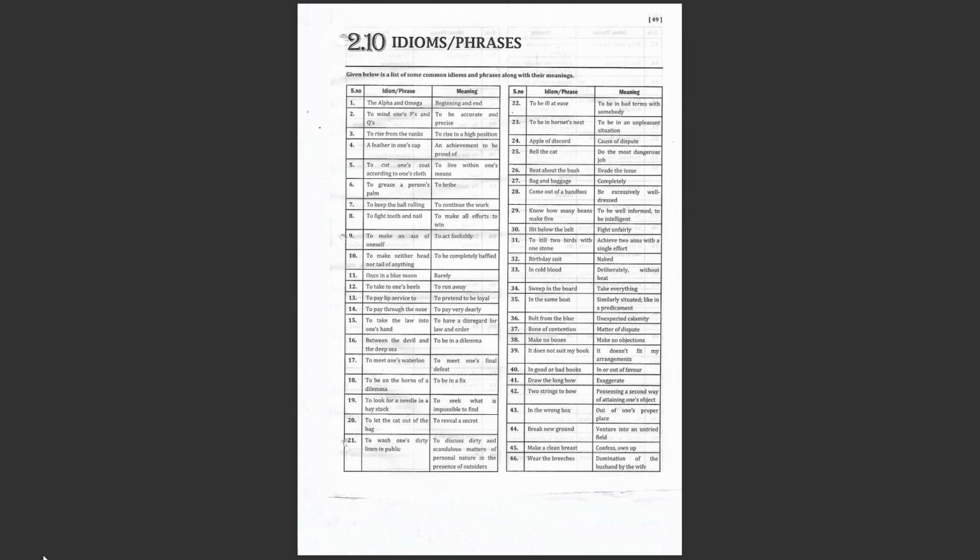The next idiom is to be in a hornet's nest. अब इसका क्या मतलब होता है? इसका मतलब होता है to be in an unpleasant situation. If you are in a troublesome, unpleasant situation, then you are in a hornet's nest. अभी hornet क्या होती है?